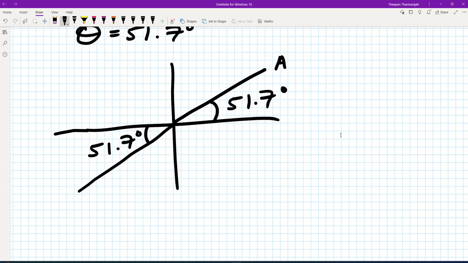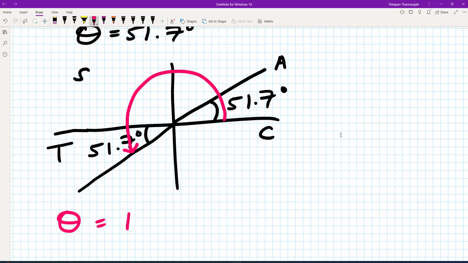So ASTC, and then we go from here all the way to there. So our second solution is 180 degrees plus 51.7.